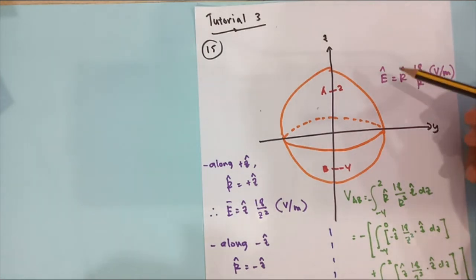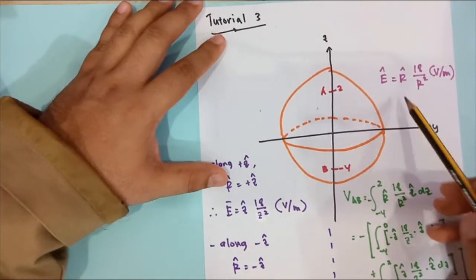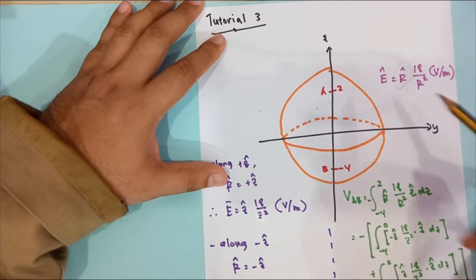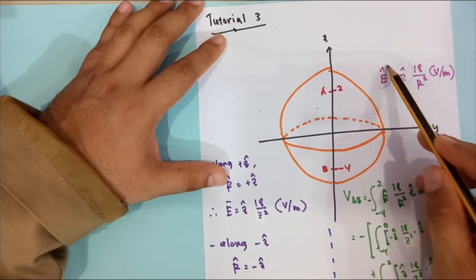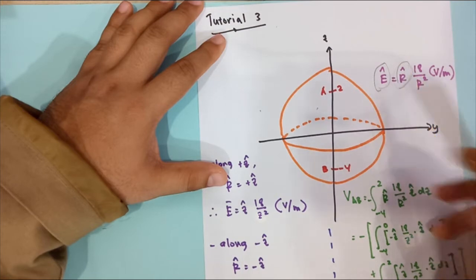So we are given an electric field intensity in a spherical shape, because the vector that represents our electric field intensity is in the R cap component.